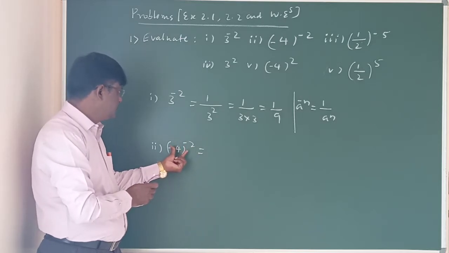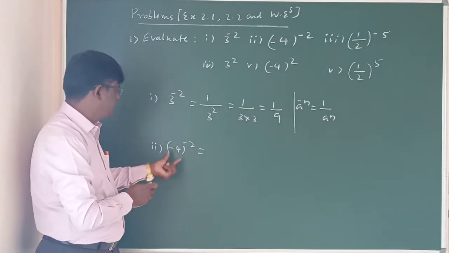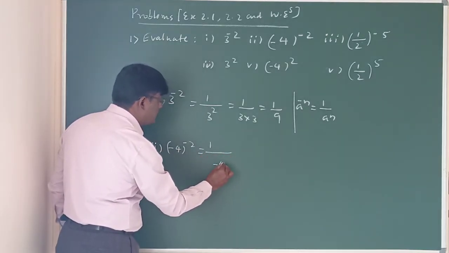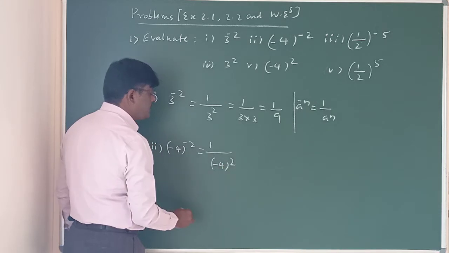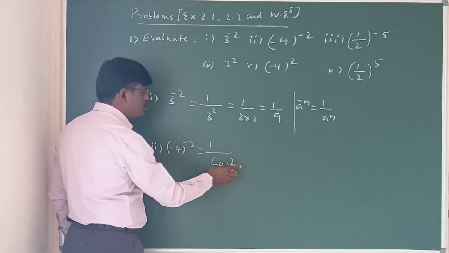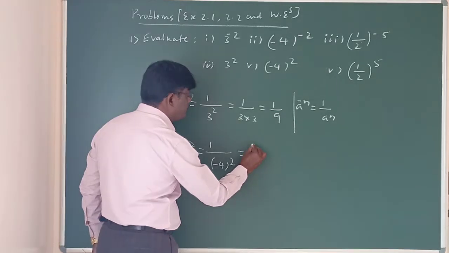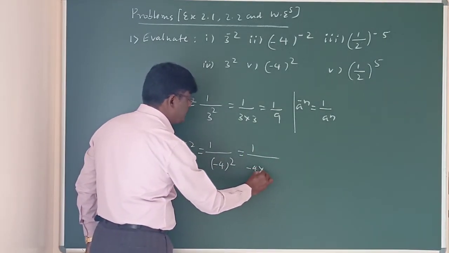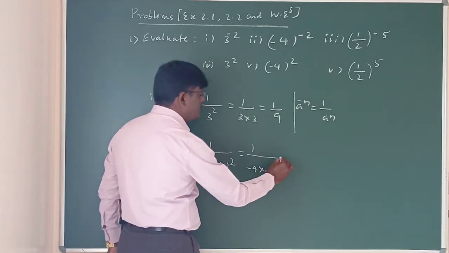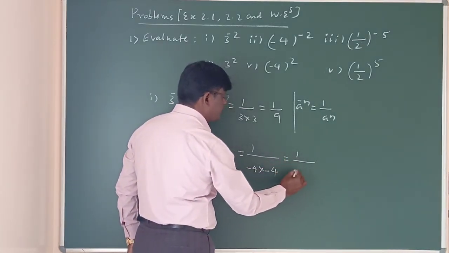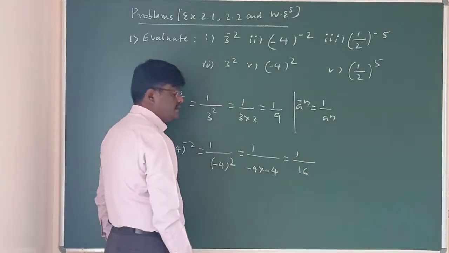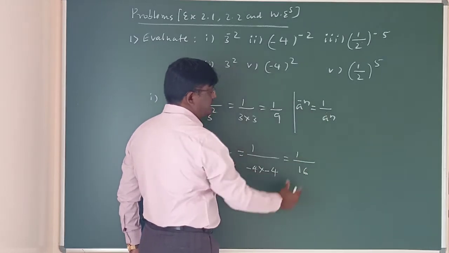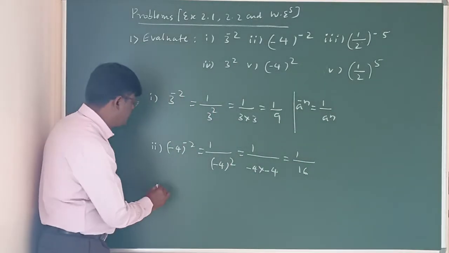So therefore, here first we shall express this in positive power. How? 1 upon minus 4 power 2. This exponent indicates the base should be repeated 2 times. 1 upon minus of minus plus, 4 fours are 16. Next, all this is based on the negative exponent of that form.